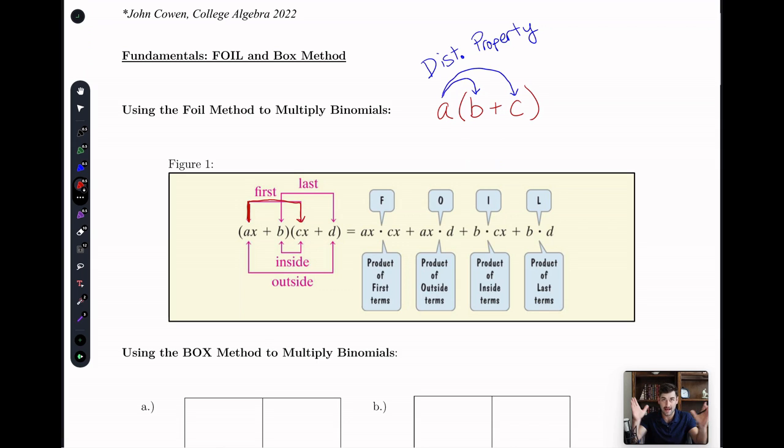The reason it's outside is because if you picture this as a sandwich, AX is on the far left, and D is on the far right, so they're the outside terms. So we multiply the 2 outside terms, AX times D, and that's where they get their second term, the O.